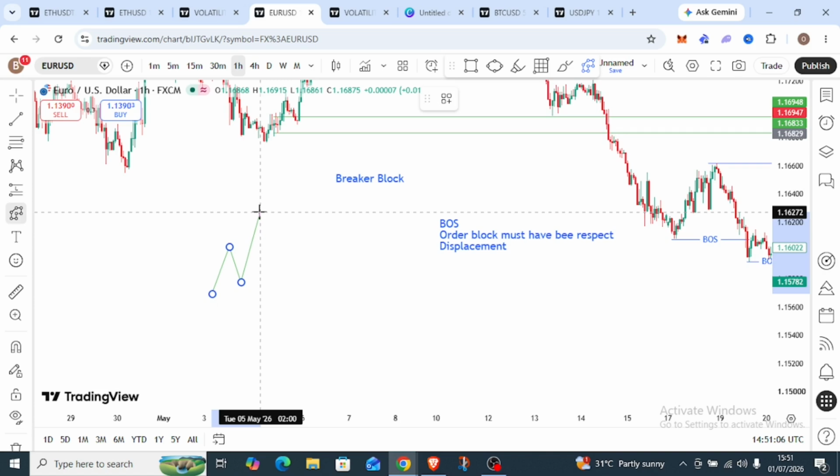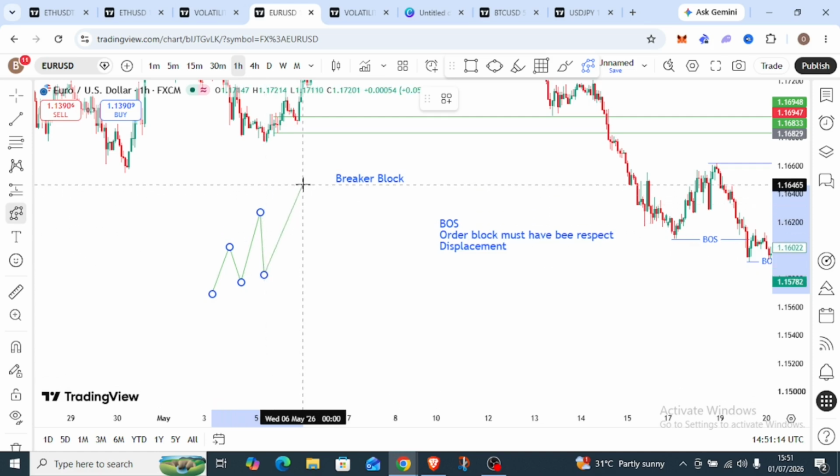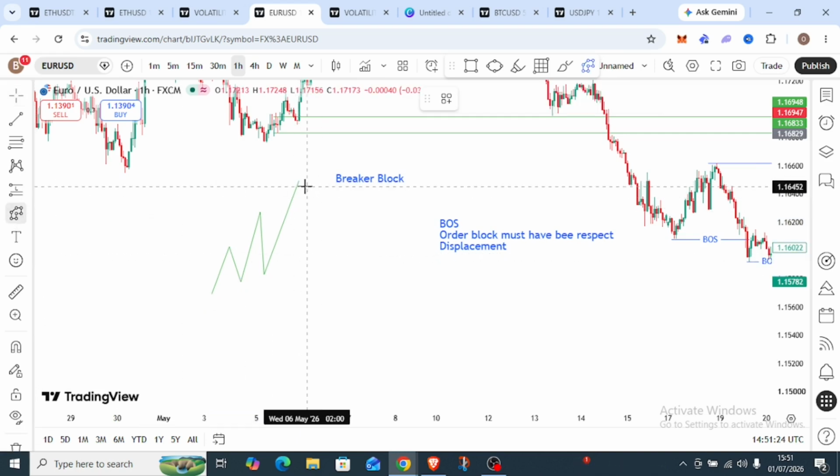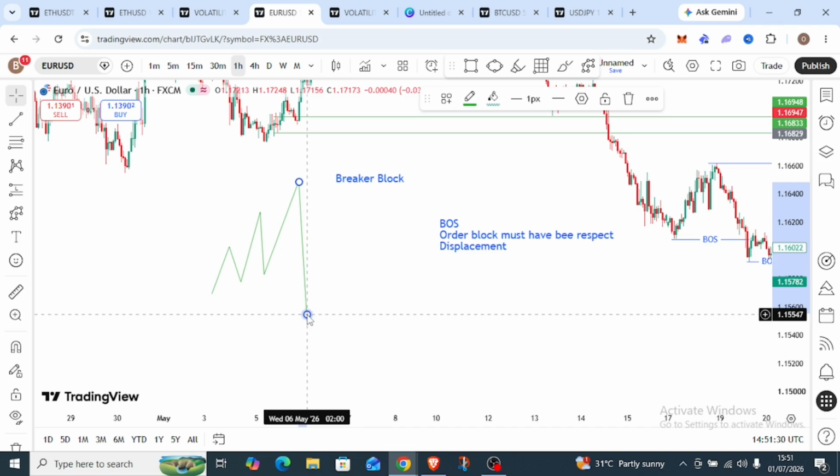You have break of structure and it comes to mitigate order block and creates another higher high. After making that higher high, it comes down to take out the order block and close below it.